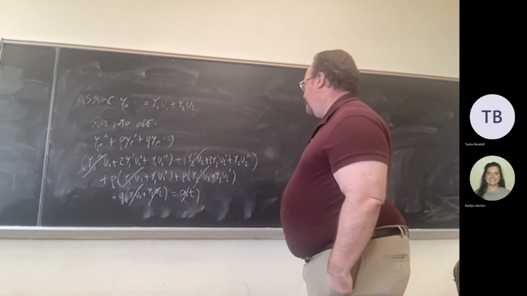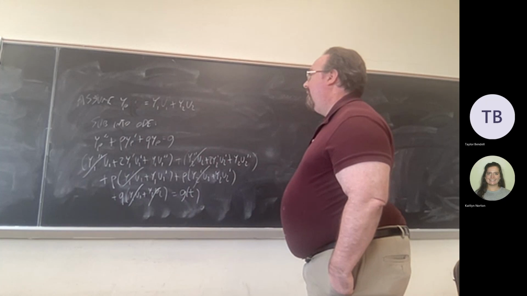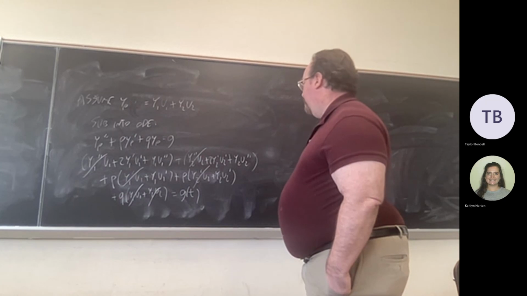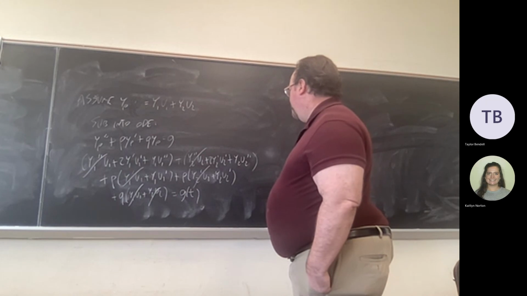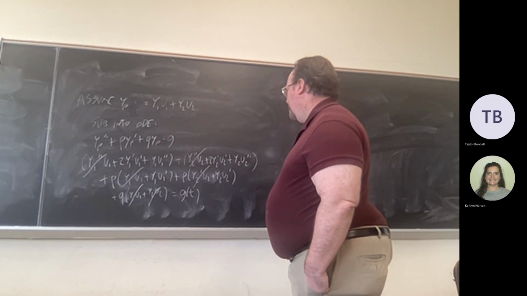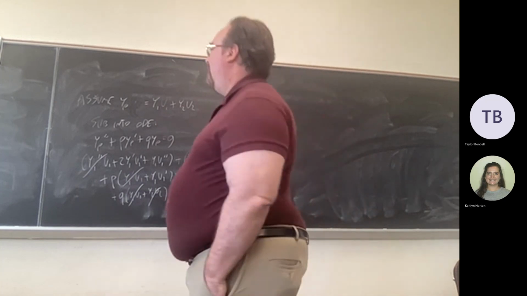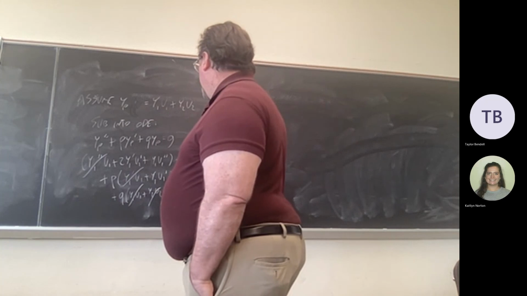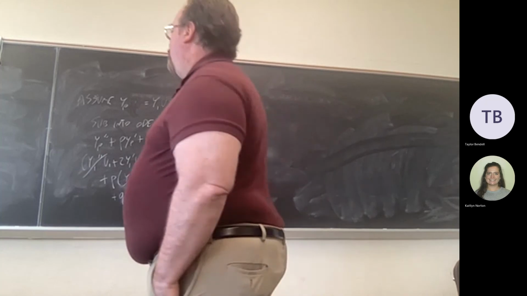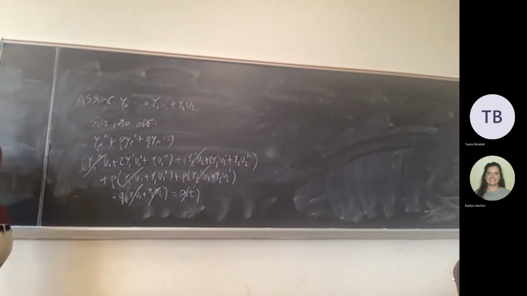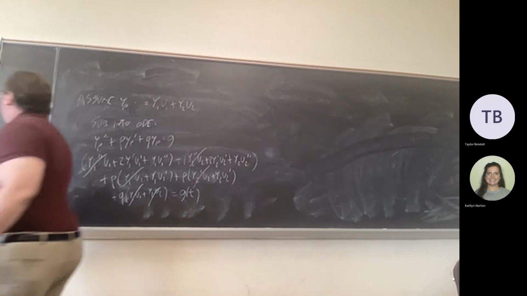But then for the rest of it, I think it's some sort of assumption about certain things being 0. U1 prime is just going to end up being the integrand.